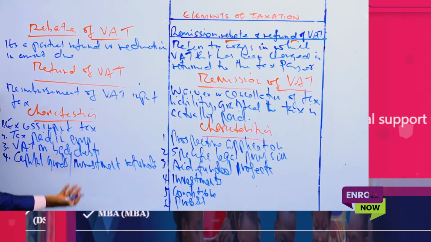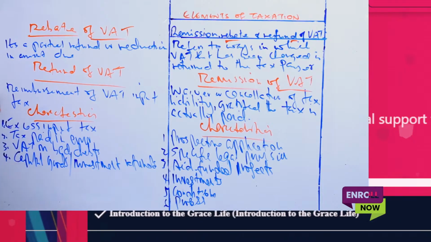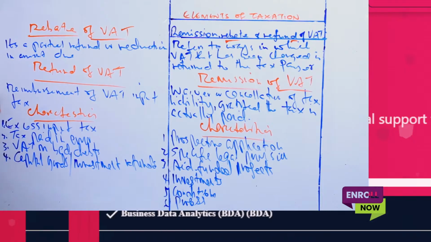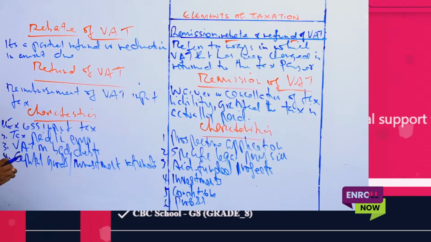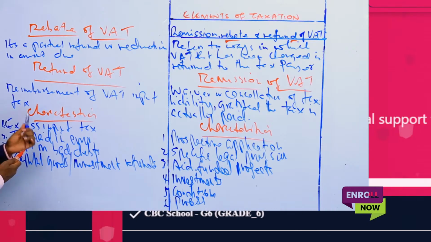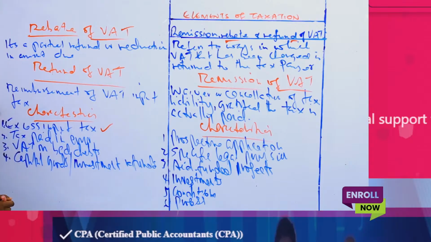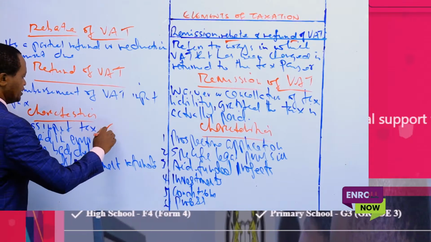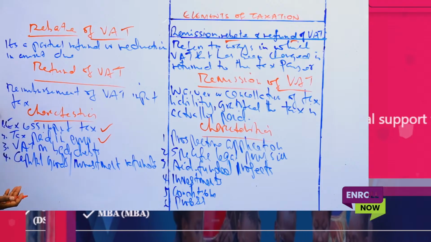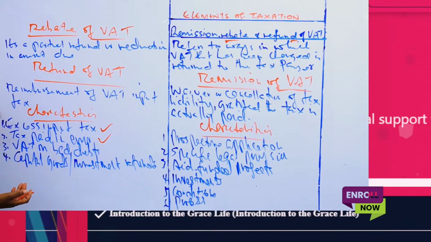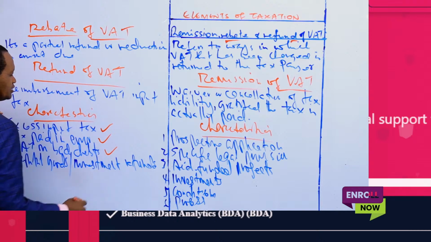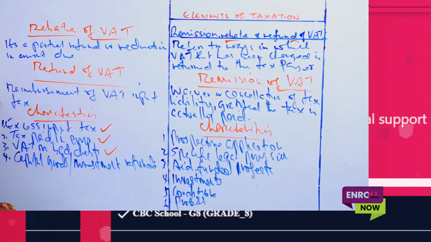So these are the types of refund of VAT. One, we have excess input tax, which can necessitate refund of VAT. There is also tax paid in error. VAT paid in error can also lead to refund of VAT. Then there is VAT on bad debts, where a business supplies a debtor and the debtor fails to pay.